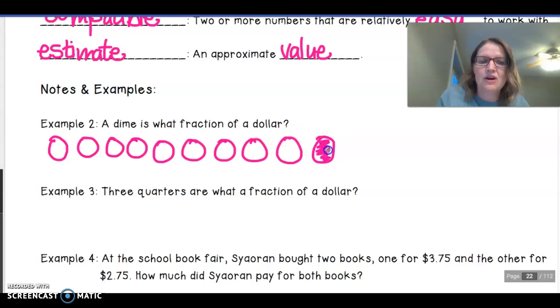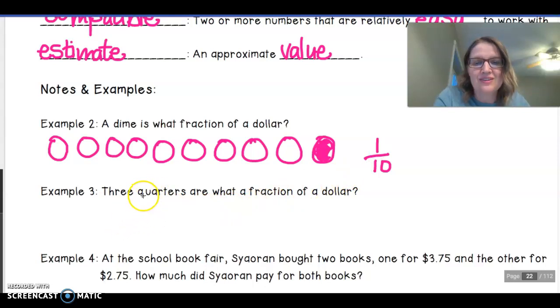This is going to be our 1 dime. So our denominator is going to be how many parts of the whole. Let's count this, 1, 2, 3, 4, 5, 6, 7, 8, 9, 10. We have 10 parts of the whole, and we have one of these. That's this guy. So a dime is 1/10.